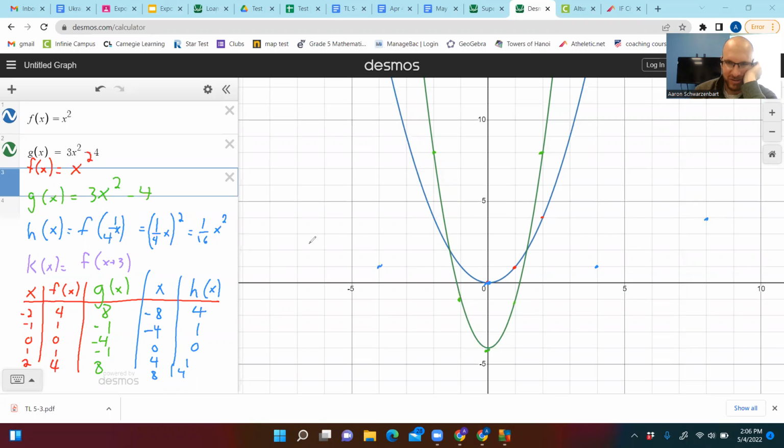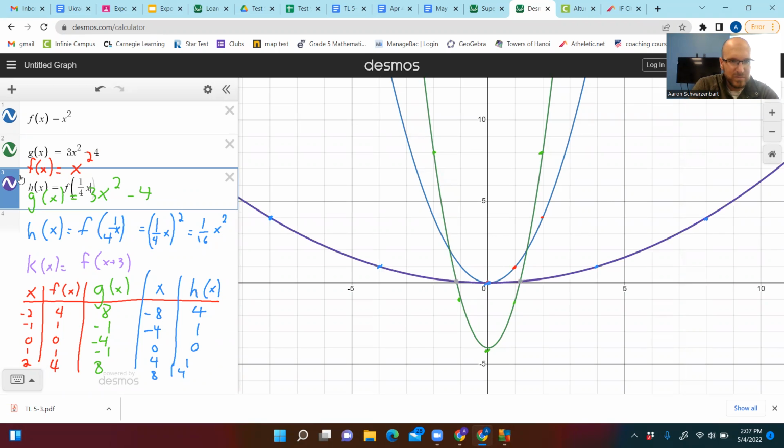It does yield the same look as flattening, but it's not quite the same function. And when I enter it here, I get that.